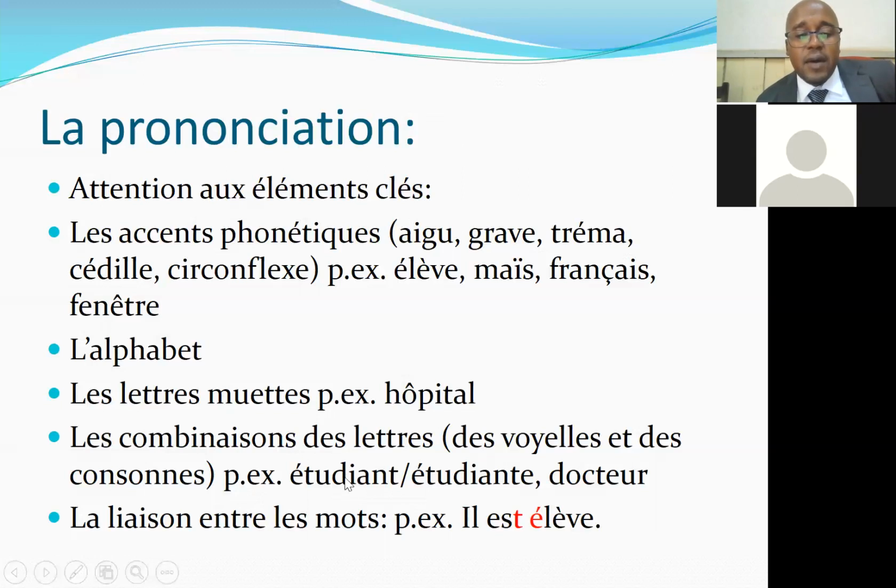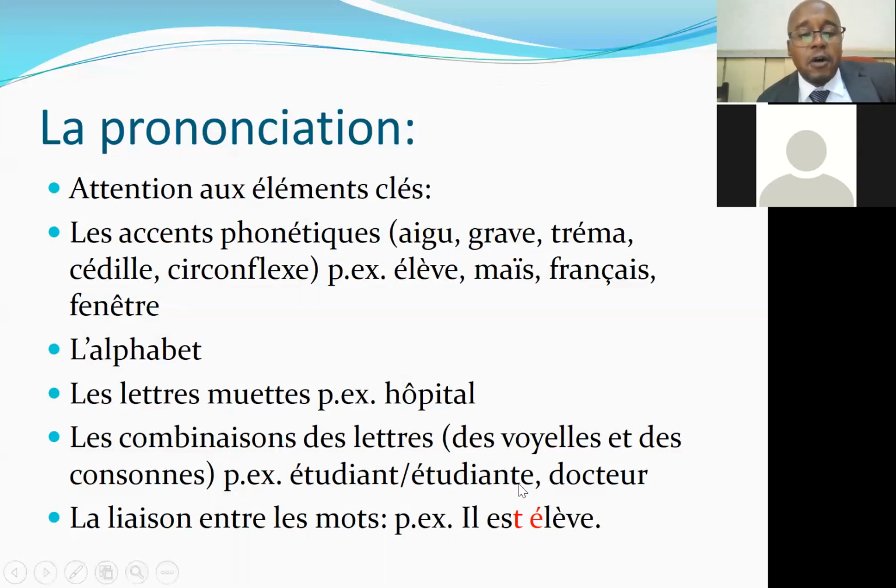For example, we have the word student. We say étudiant. So we will not say étudiante, we will say étudiant. Why? Because the T at the end is silencieux.